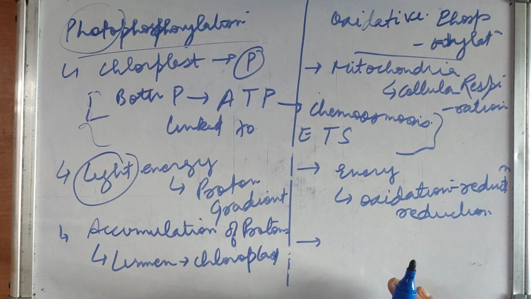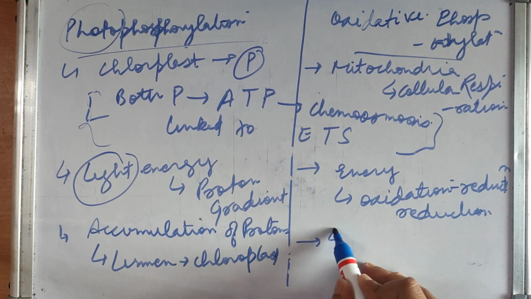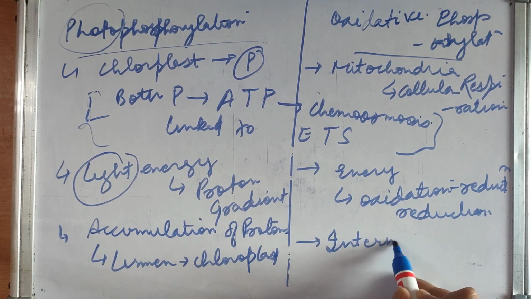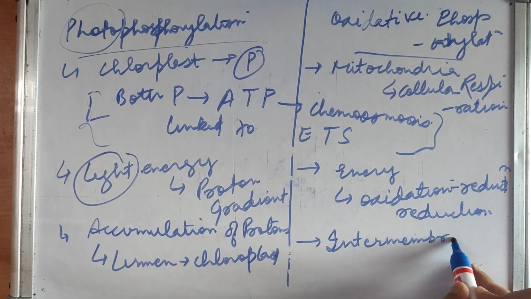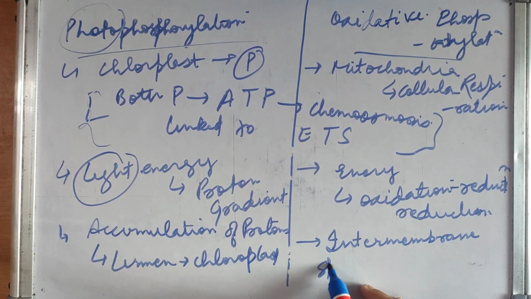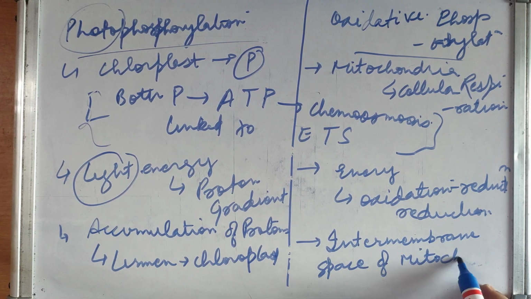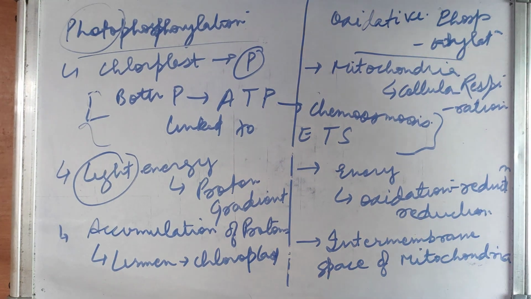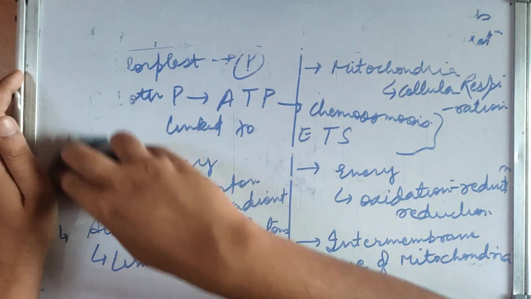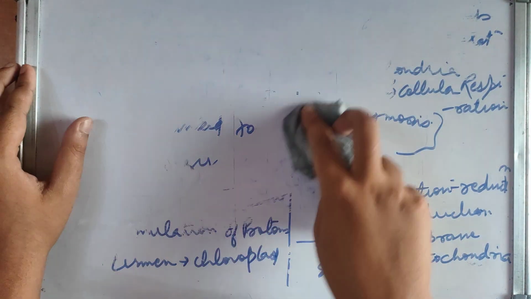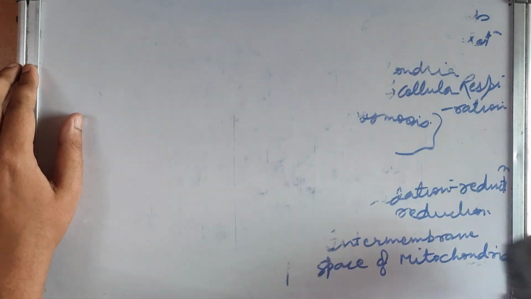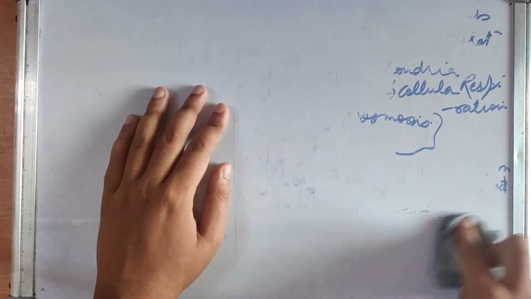And here the accumulation of protons occurs in the intermembrane space of mitochondria. So this is the difference between photophosphorylation and oxidative phosphorylation. Hope you understand this.